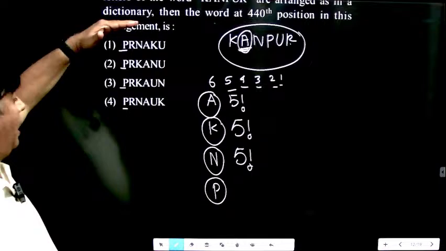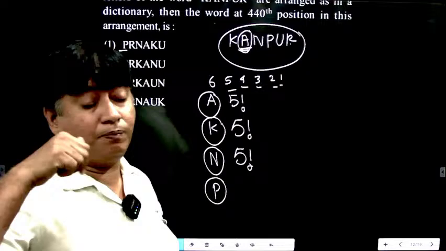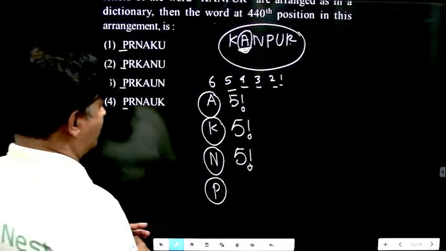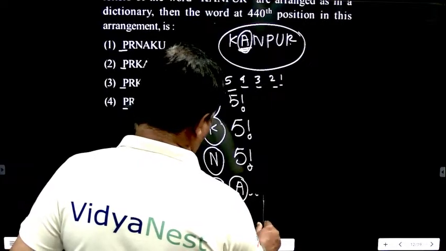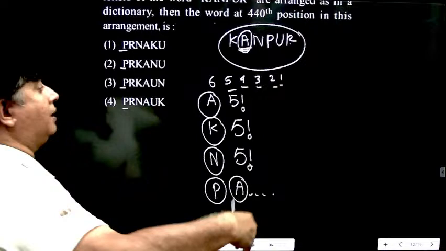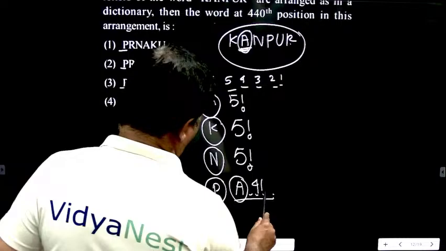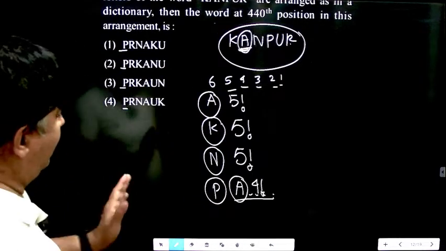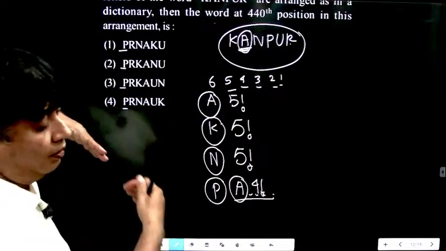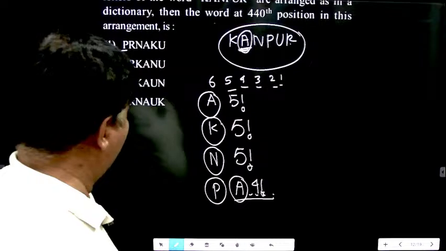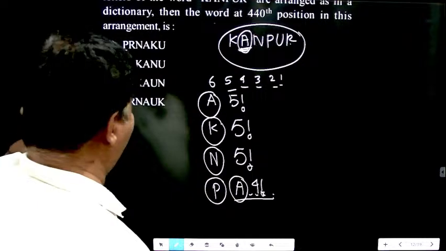Now after P, again according to the order of the letters, what should I put? A. In how many ways? A and the rest of the letters, that is factorial 4 ways. Okay, P then A something, factorial 4 ways. So after P, all A's are considered. After A, what should I get?